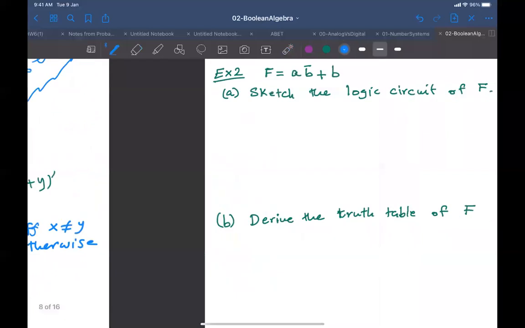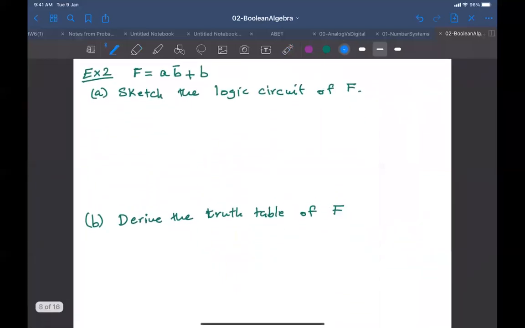All right, let's move on. So here is an example. We would like to sketch the logic circuit of this Boolean function. This Boolean function F is equal to A ANDed with B complement, ORed with B. Now we would like to sketch this logic circuit.